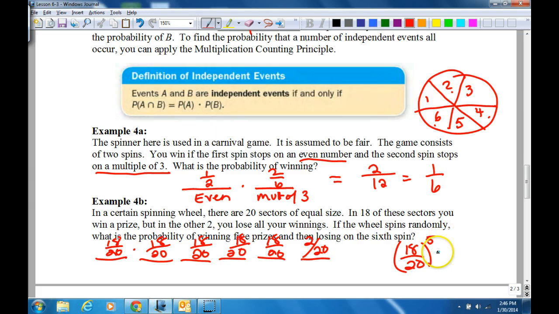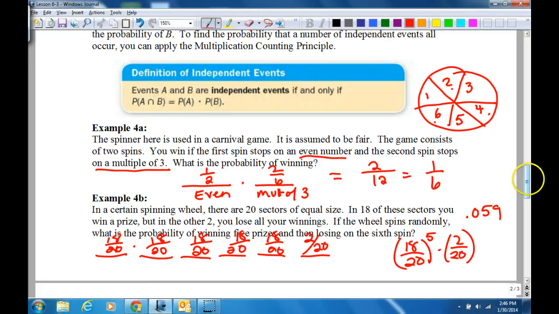Okay, so then I'm going to multiply that by 2 out of 20. So the probability of actually this happening, if you put it in decimal form, it's going to be 0.059 is what I got. 5%. Yep. Or 6% really, right? That's the answer.